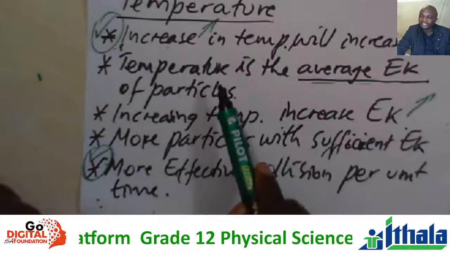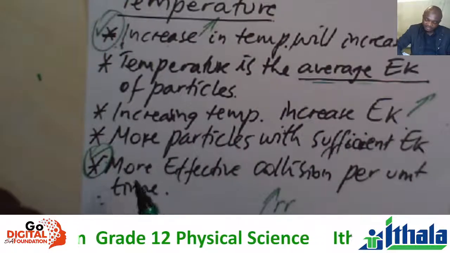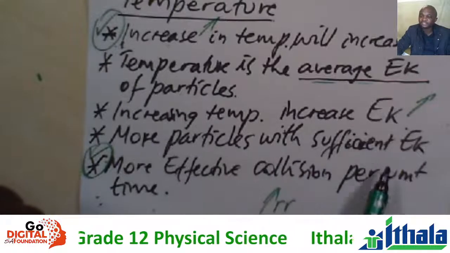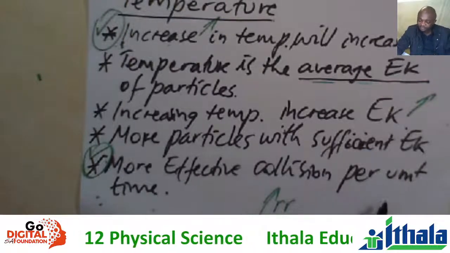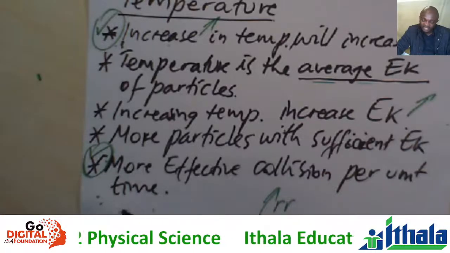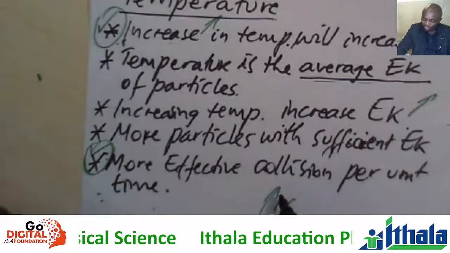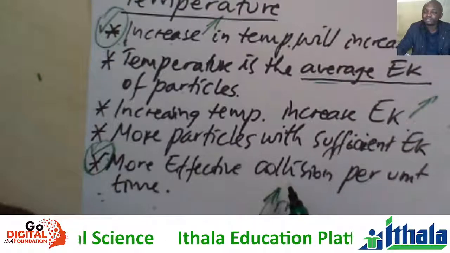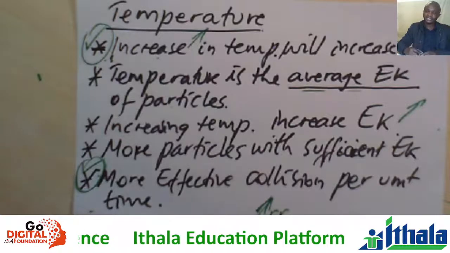The average kinetic energy. If you have an increase in the average kinetic energy of the particles, then you have more particles with sufficient kinetic energy. Therefore, you have more effective collisions per unit time. Ingako in increase in temperature noma uzoti. So you conclude that ingako experiment 2 has a higher reaction rate than experiment 1, something like that.